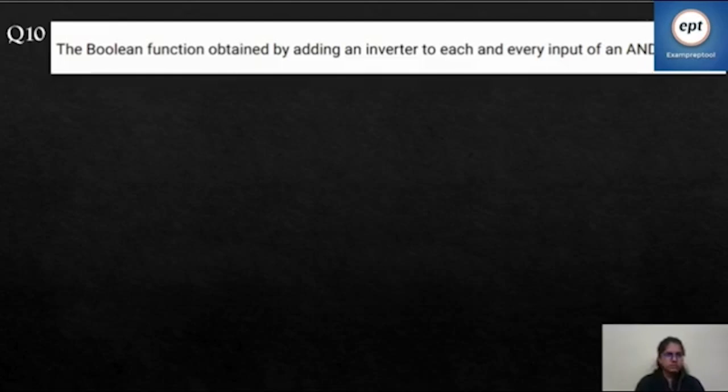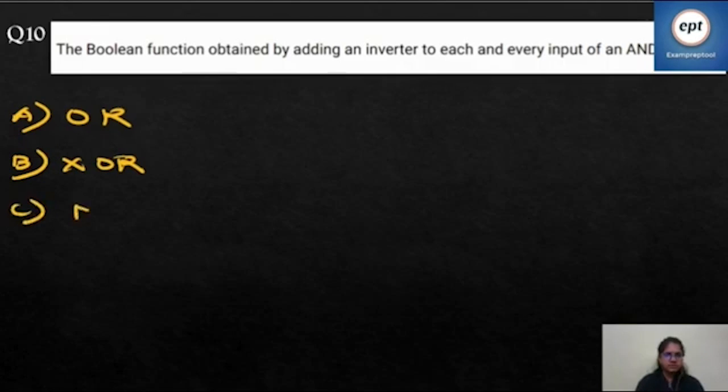The options given here are A, OR, B, XOR, C, NAND, and D, NOR. So let's see.